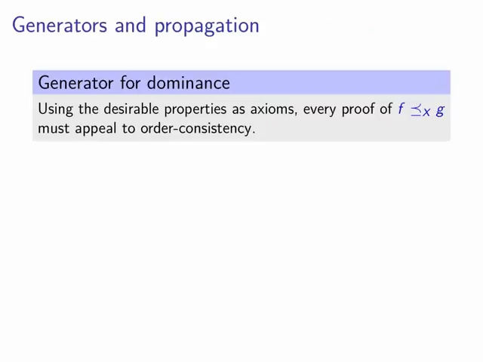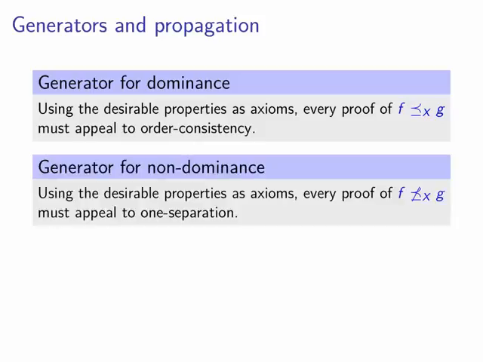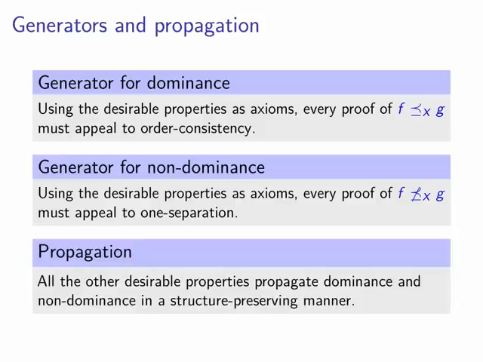If we use the desirable properties as axioms, then every proof that f is dominated by g must appeal to order consistency. And every proof of non-dominance must appeal to one separation. All the other desirable properties propagate dominance and non-dominance in a structure-preserving manner.